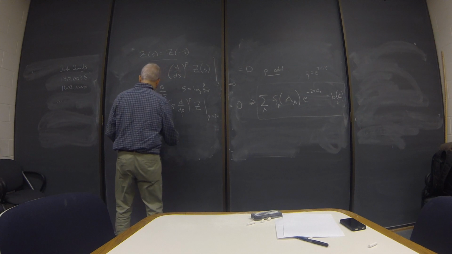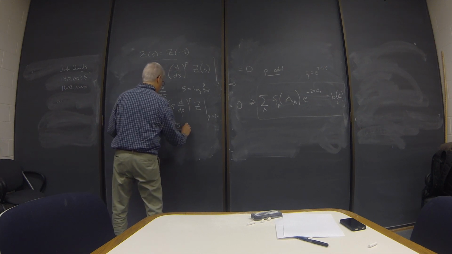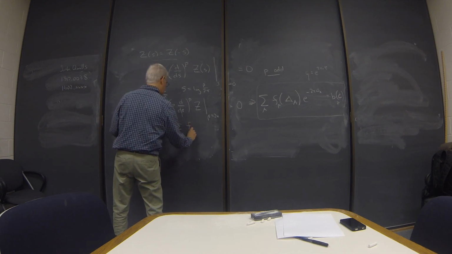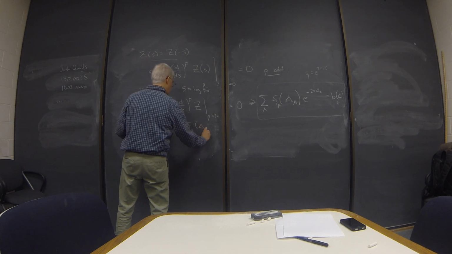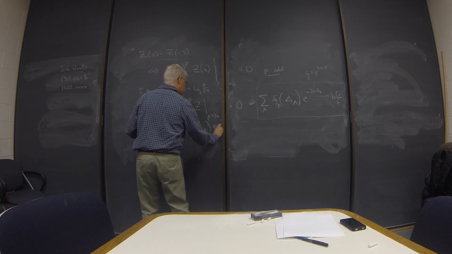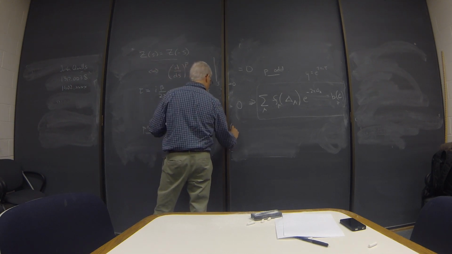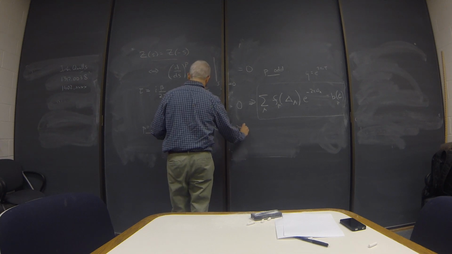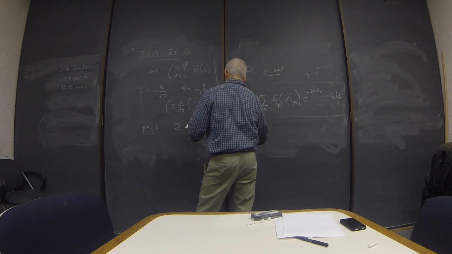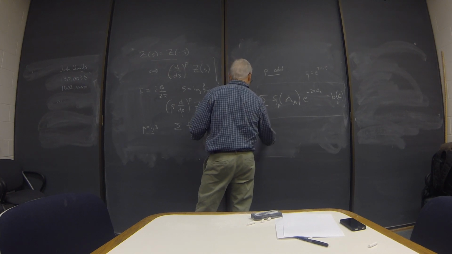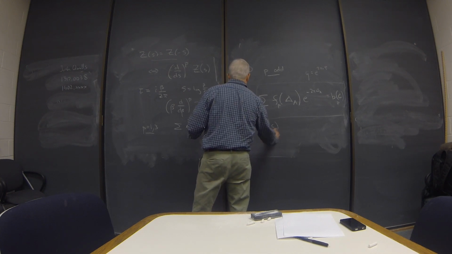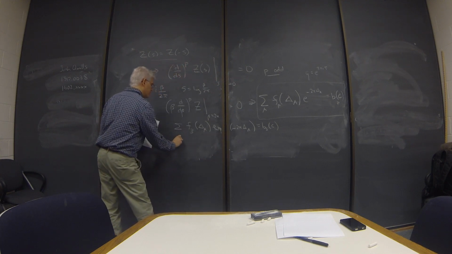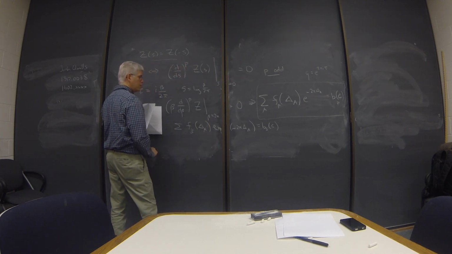So you end up with an equation that looks like this for P equals 3. And you get another equation for P equals 1.